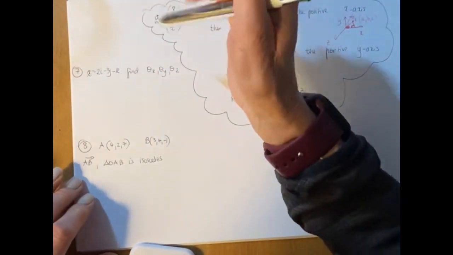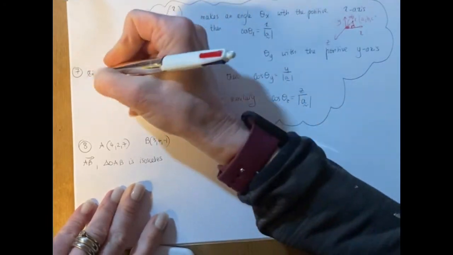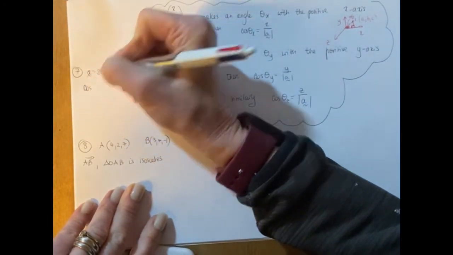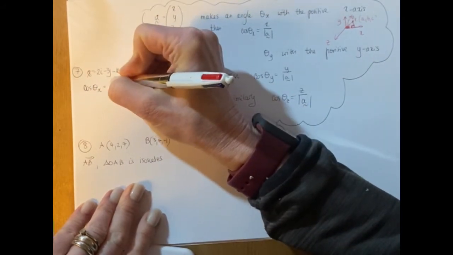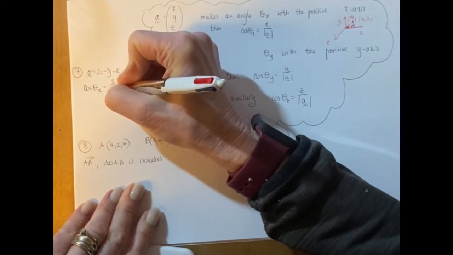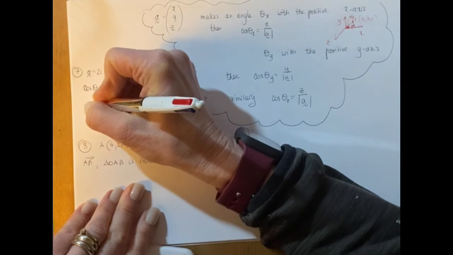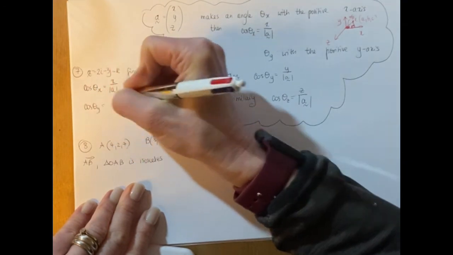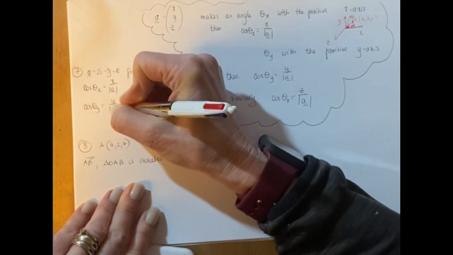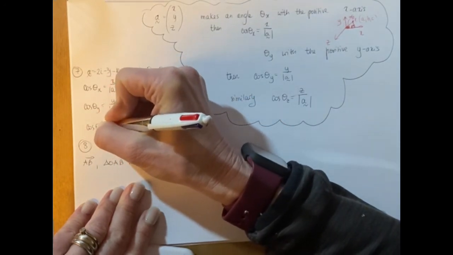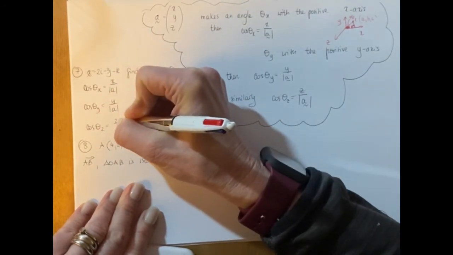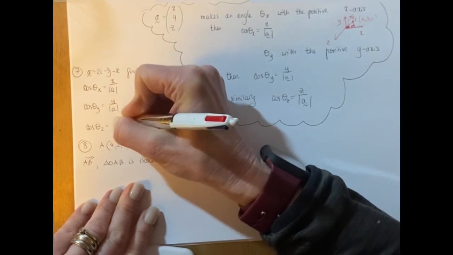If you have to find all three angles, you need to write the formula: cos theta x is the x coordinate over the length of vector A, cos theta y is the y coordinate over the length of vector A, and cos theta z is z over the length of the vector.